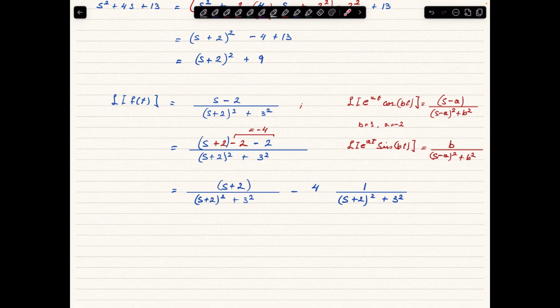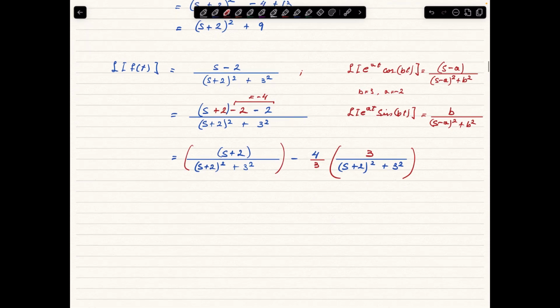And here this denominator is this denominator, because recall we have b equal 3, a equal negative 2, but we are missing the b here. So what do we do? Well, we put the b, so what is b? B is 3. So we multiply by 3 and we divide by 3. And now that factor is in the Laplace transform table, and we are almost done.